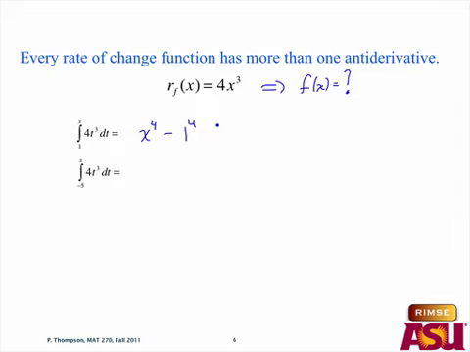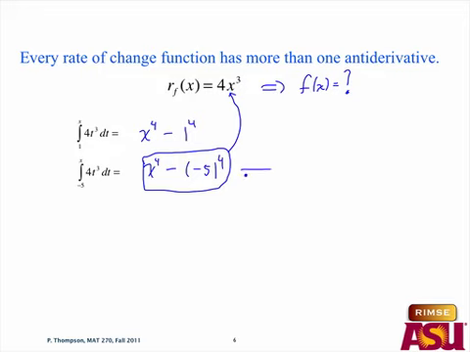So write it in closed form. Sam, tell me. X to the 4th minus negative 5 to the 4th. That's it. See, this is an antiderivative of that, right? Why? Because 4x cubed is the derivative of this.